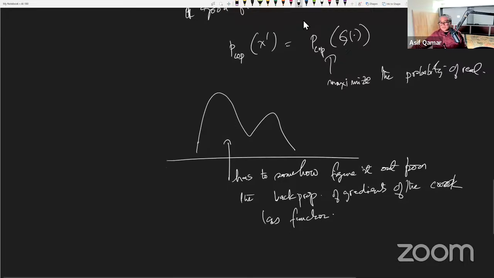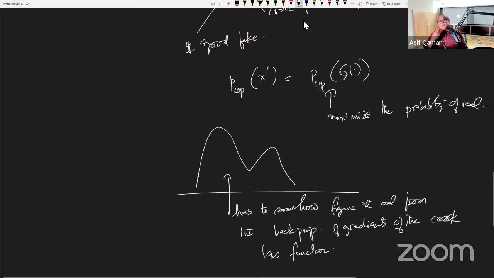Isn't it? All that the crook is told is, goodness, the cop was pretty sure you're fake. So now what will the crook do? It will say, well, you know what? If he was very sure with this elephant, let me make it look a little less like an elephant. Maybe that will help.